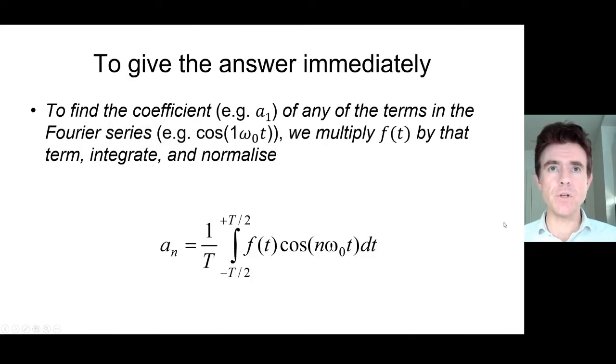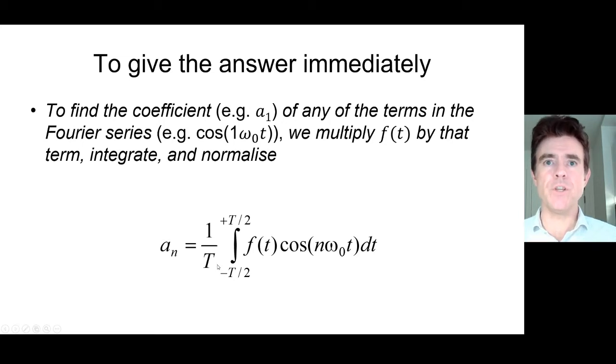So to give the answer immediately, to find any coefficient an, of any of the terms, what we do is we take the periodic function of interest, so f of t, and then we multiply it by the term for which we wish to find the coefficient. And then integrate and normalize.